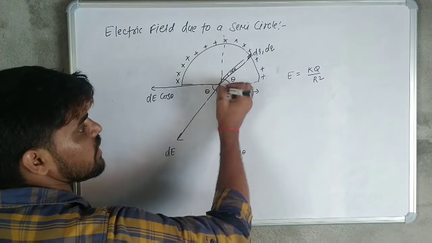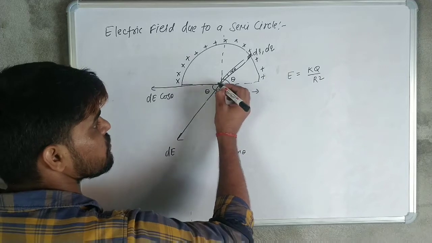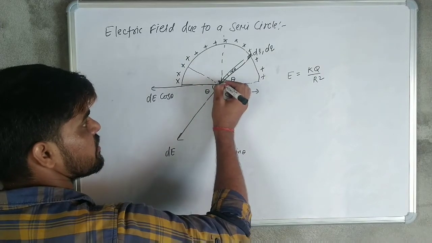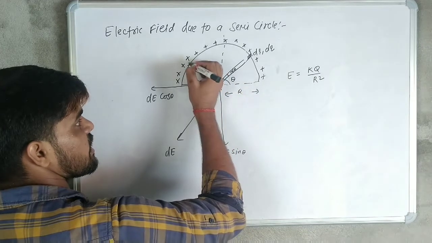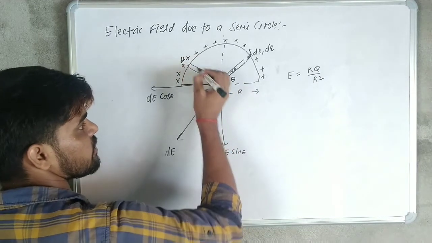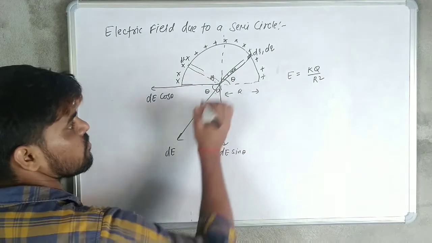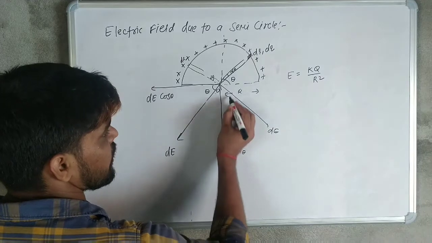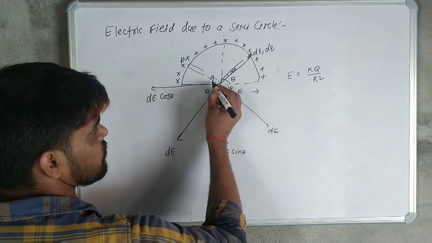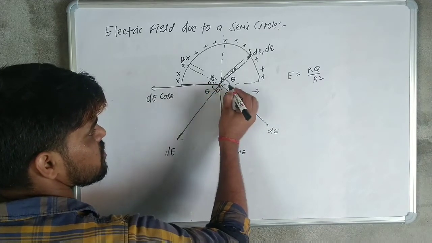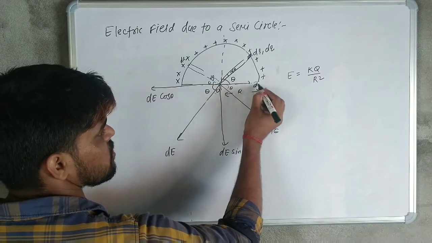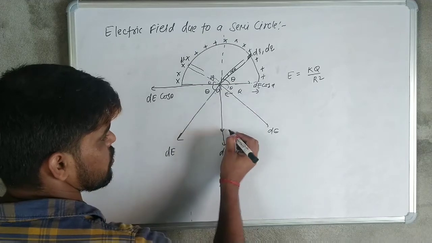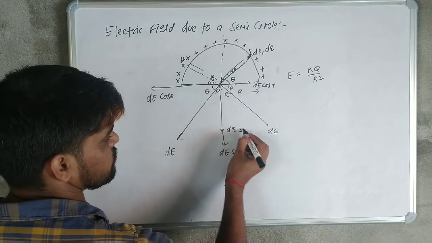We draw a line, and if we make a dl element here at angle theta, the electric field dE has components dE cos theta and dE sin theta.